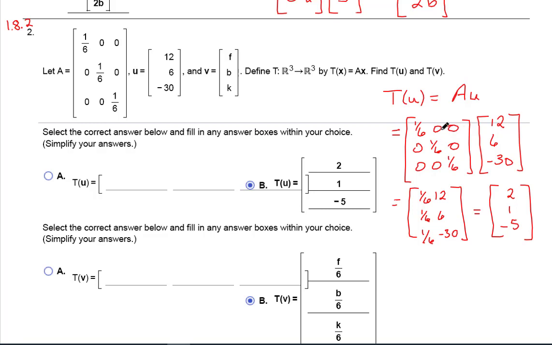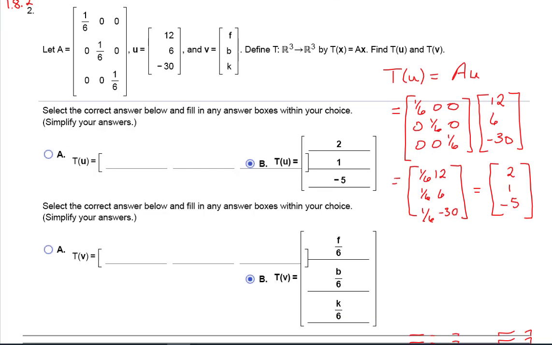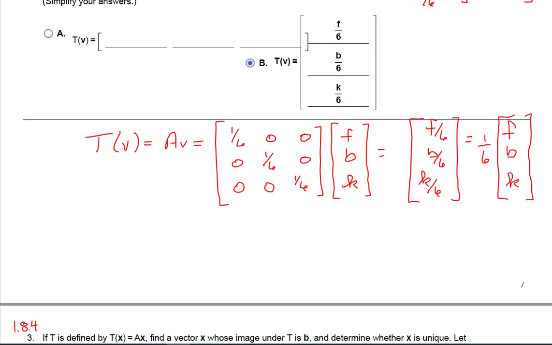And when you go through that matrix multiplication, what you get is 1/6 the original vector, and you get the image of 2, 1, minus 5. Now if you do the same process for v, where v is f, b, and h, and again you grind through this, you see it's simply f, b, and h all divided by 6, or 1/6 the original vector.